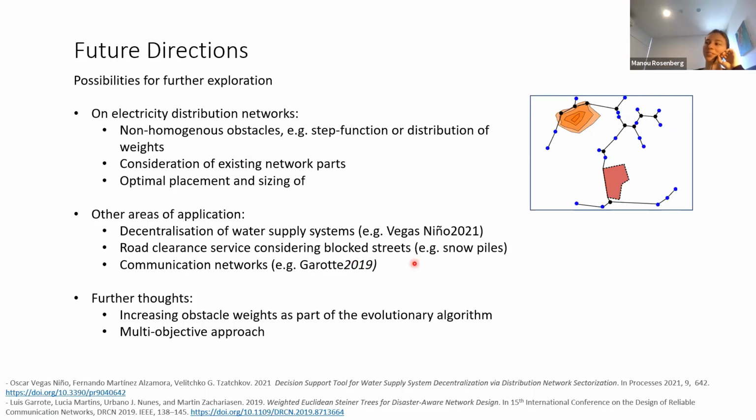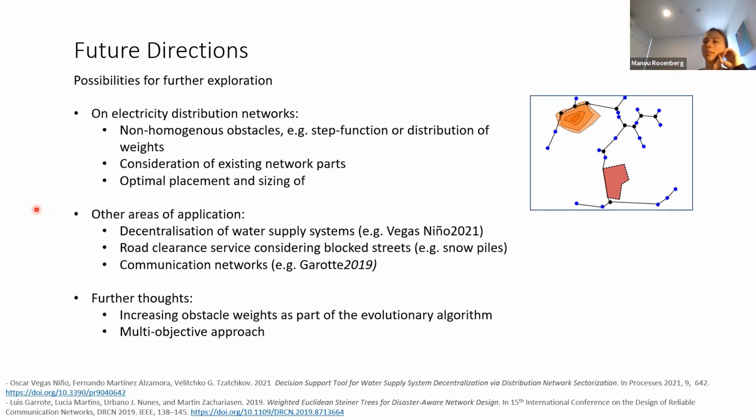So while I have talked about electricity networks, I have recently also read a paper where the authors are considering the decentralization of water supply networks. Or I have also talked with people about road clearance services, where maybe not in Australia, but when streets are blocked by snow piles or something like that, and we consider how we want to clear these areas, we also could look at a network that we might want to split up into different service areas, and also have further constraints, maybe roads that are blocked where we can't go through.